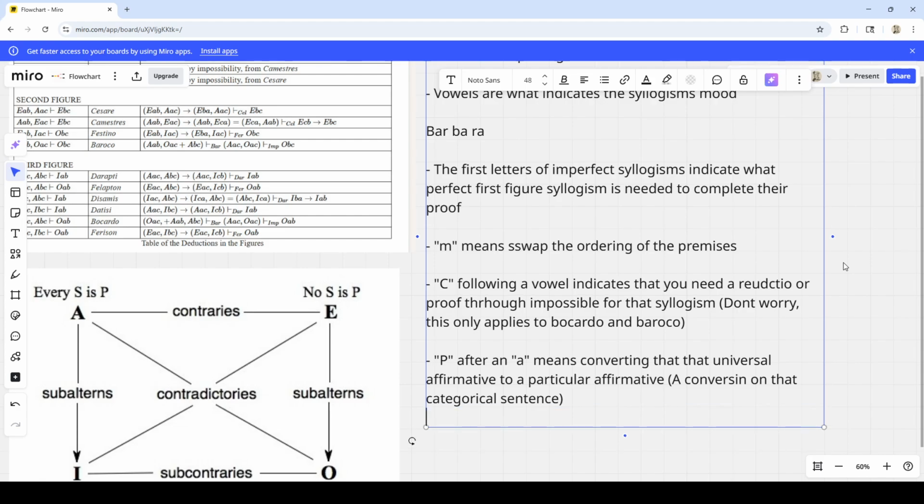Okay, now a P on the end, for example, I think it's Darapti. No, not Darapti, but I'll cover it when we get there.